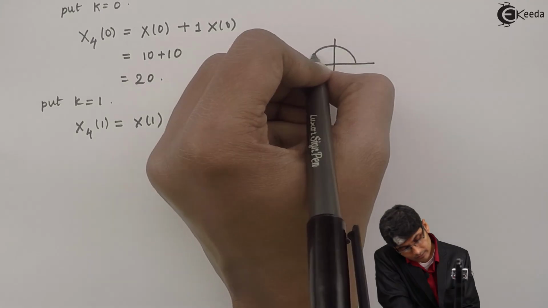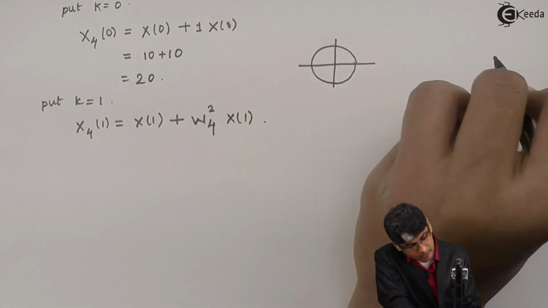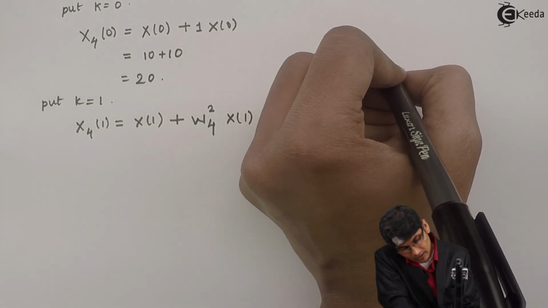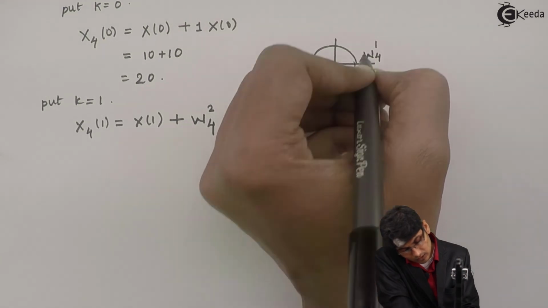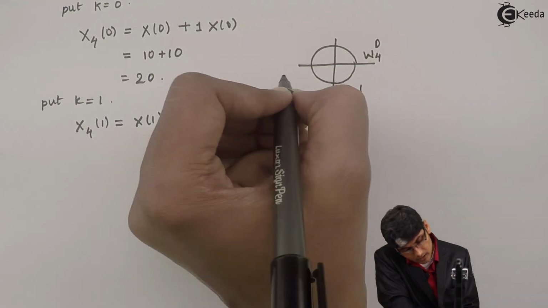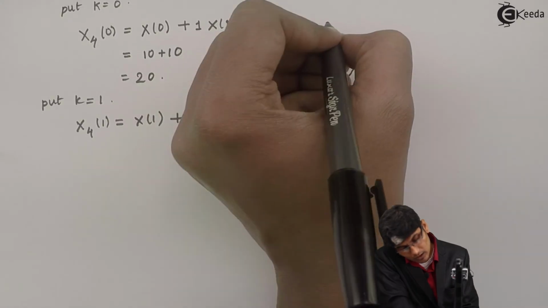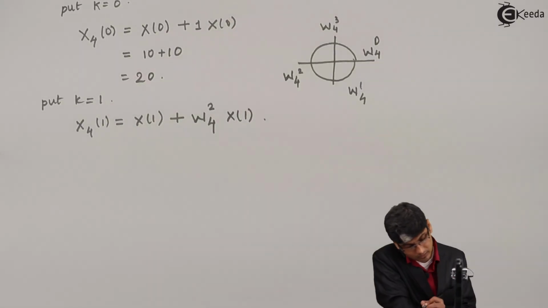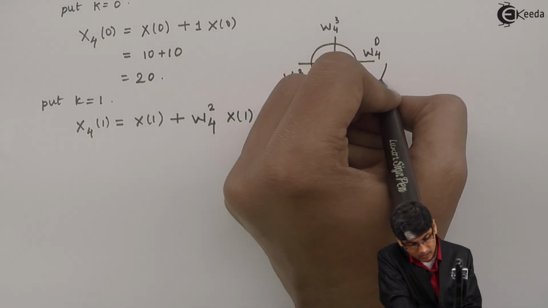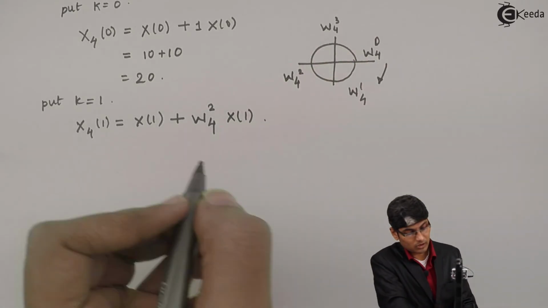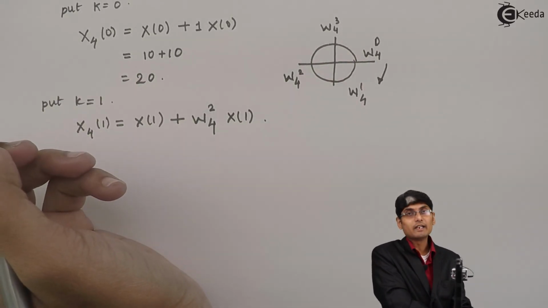Again the circle, this is w 4 raised to 0, 4 raised to 1, 4 raised to 2 and w 4 raised to 3, in the clockwise fashion, because the degree is negative.